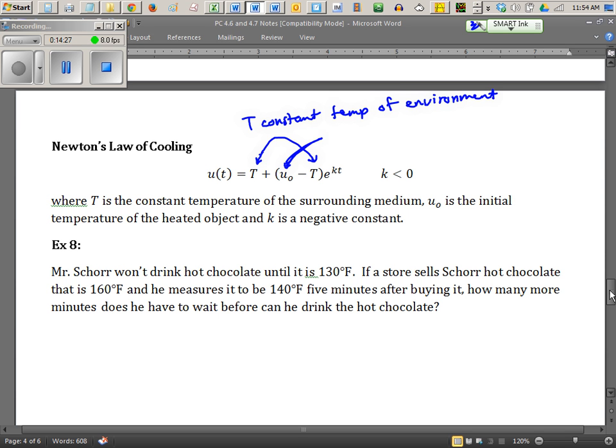The U naught, that right there, is the starting temperature of the object. And this formula will calculate U, and U is the final temperature of the object.